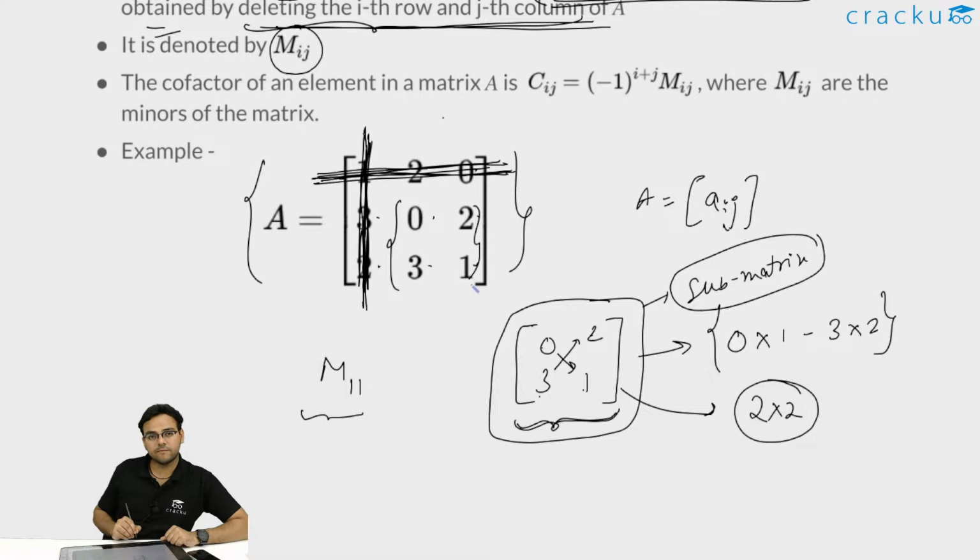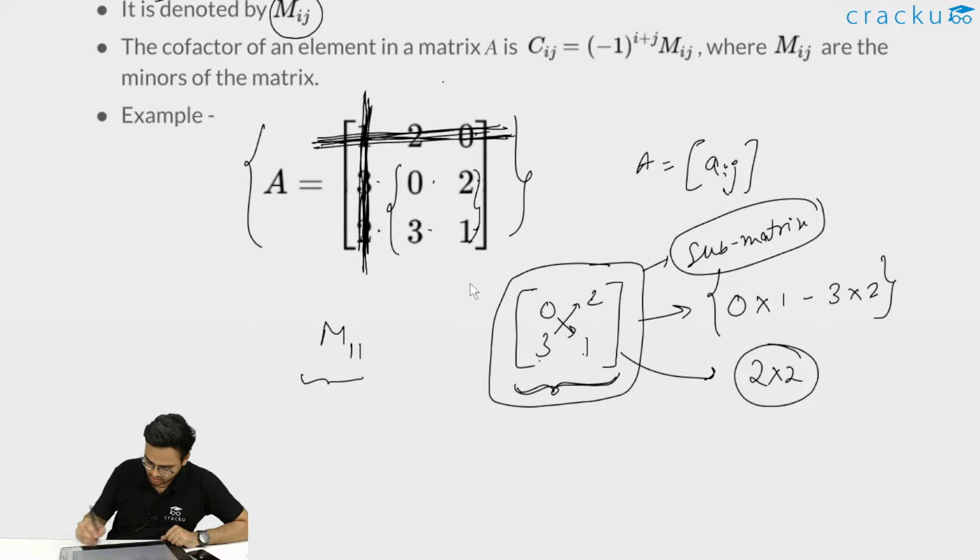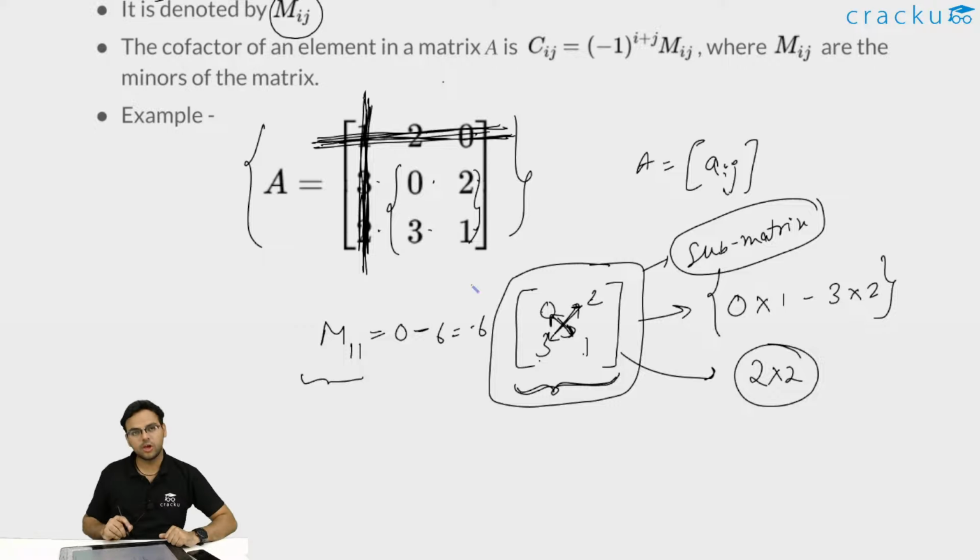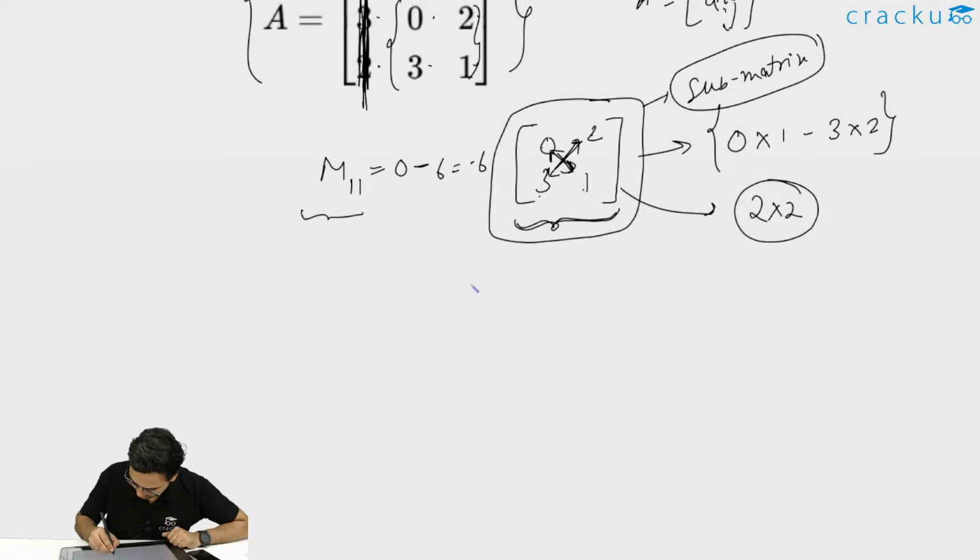So the determinant of this submatrix will be what? You have to multiply these two elements first. So 0 into 1 is 0, minus 3 into 2 is 6. So 0 minus 6 is equal to minus 6. So M11 is minus 6. So I'll create this minor matrix now. M11 is minus 6.